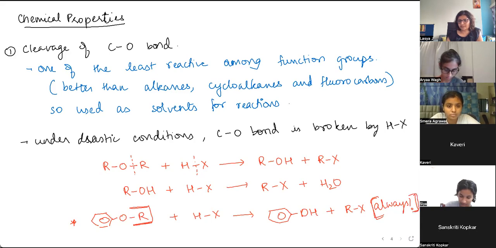So this is one of the methods of preparation of phenol, that you take any alkoxybenzene, treat it with HX. You always get phenol, and the R goes off as RX. Can you guess the reason for this?